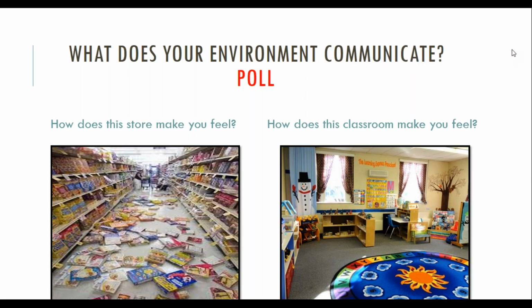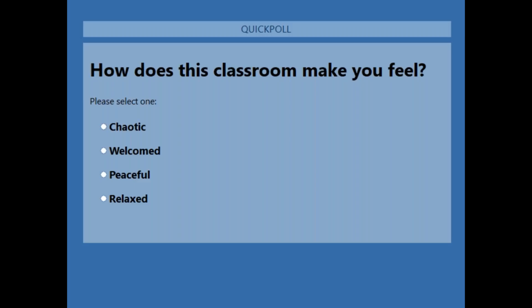All right, it's time to launch this poll, so I'm going to launch it. The poll is now open, so choose the answer that best fits you and hit submit. All right, we have 50% have voted.